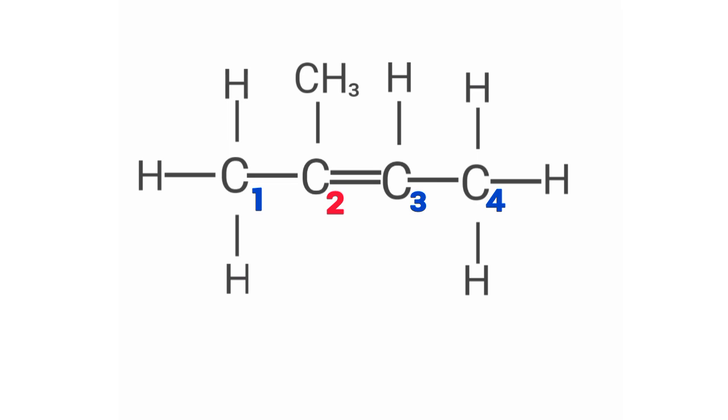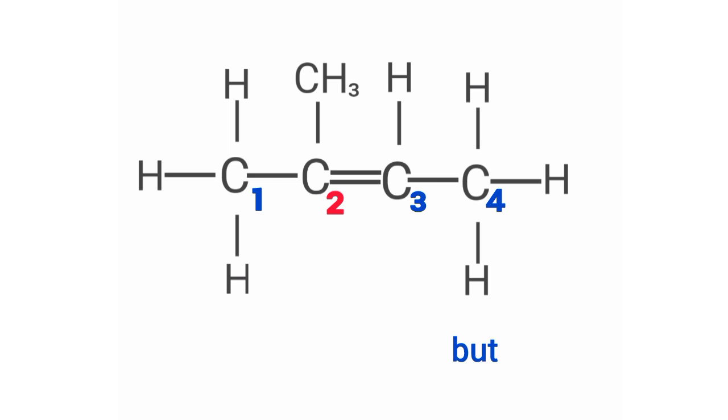So next, we combine the substituent name and their location with the parent chain name to give the IUPAC name. In this case, the longest continuous carbon chain is 4. An organic compound with 4 carbon atoms is called but. We know that the double bond is located on carbon 2 and alkenes end with the suffix "-ene".